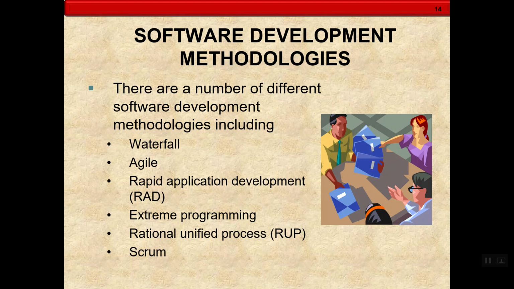So waterfall, something called agile, rapid application development, extreme programming, rational unified process, and Scrum. Basically, the thing to remember is these are all software development methodologies. They all are aimed and targeted to do the exact same thing, developing high quality software. The approach they take is different, though, as we'll see.